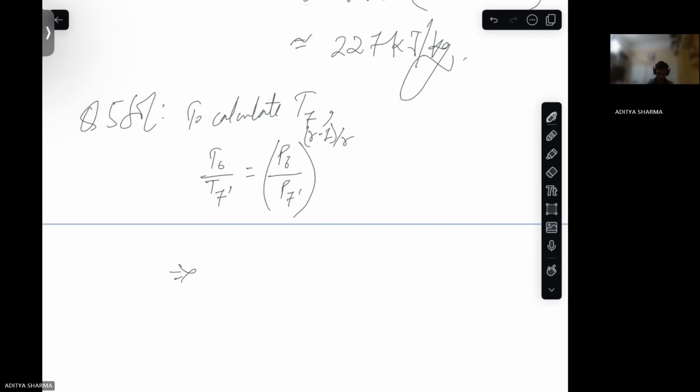And T6 is given to us. T7 dash we will calculate from here. How will you calculate P6? P6 basically is equal to P4.